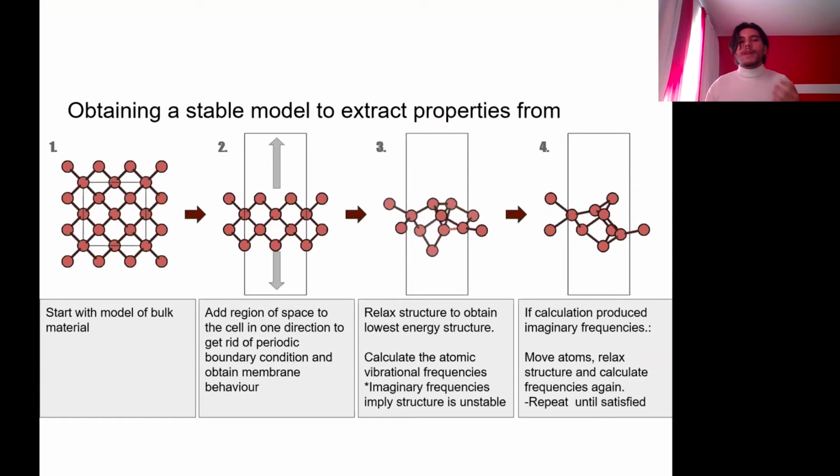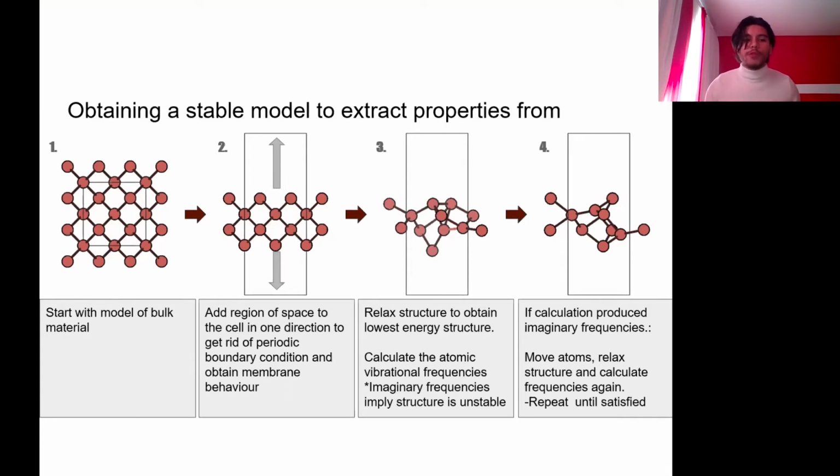Now, in this slide, I'll show how we created the stable structure, which answers one of the questions from the first slide in the presentation. And this was done after we input our parameters into the density functional theory code. It was done in a couple different steps.